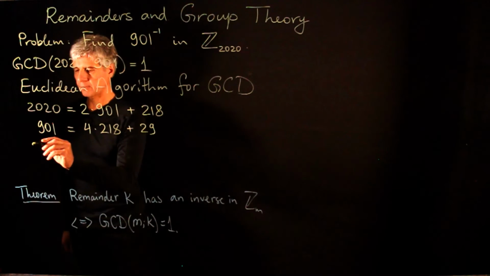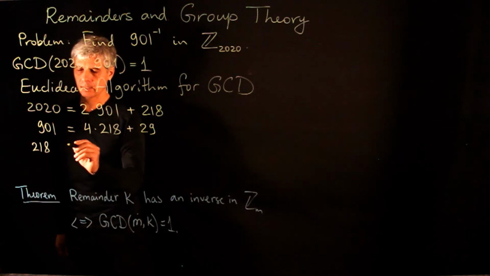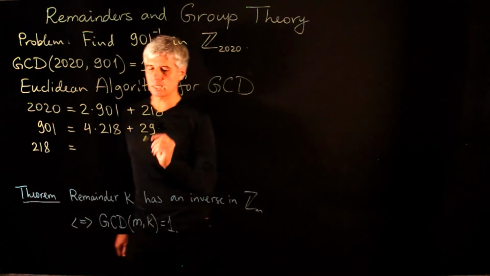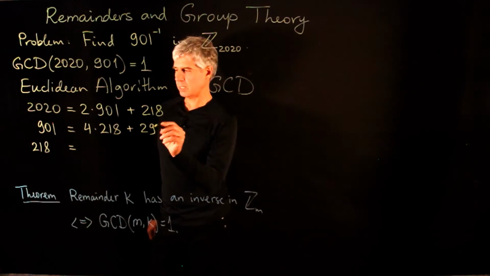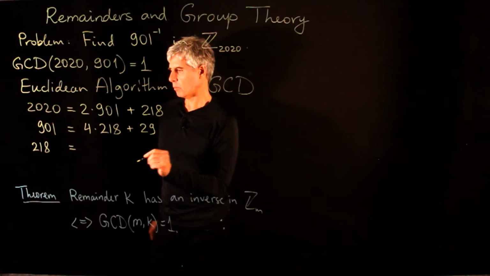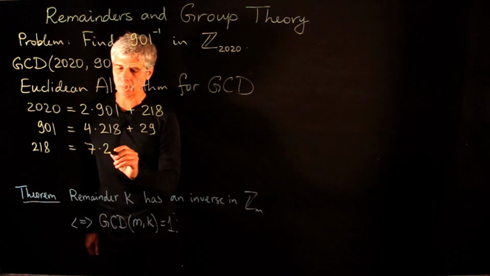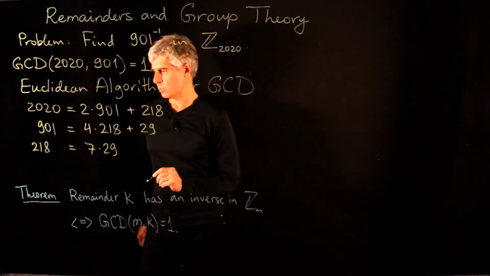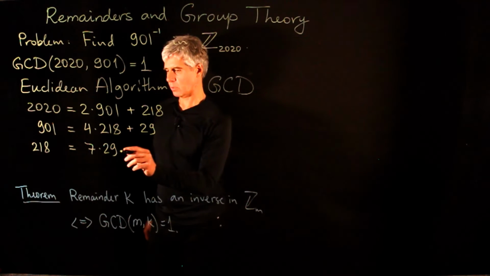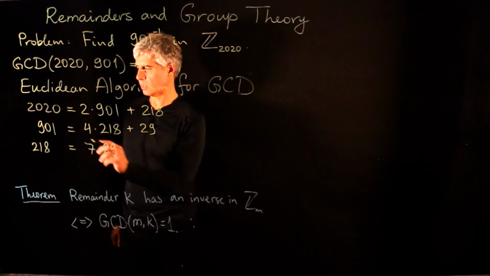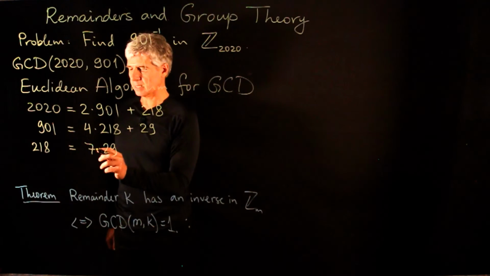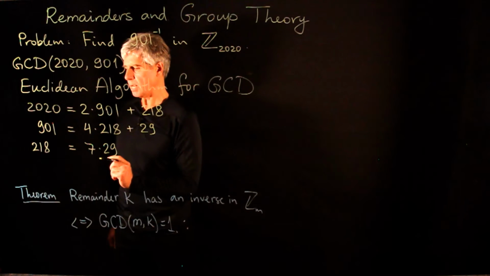Then we have 218, and we divide it by 29. Since 29 is almost 30, this will be 7. So 7 times 29: 7 times 30 is 210, minus 7 is 203.